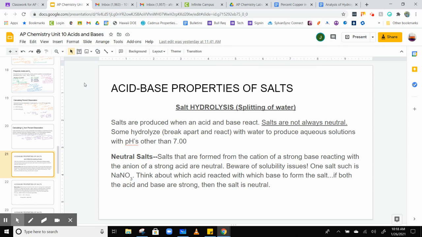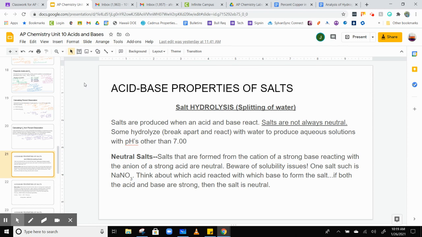So basically what's happening here is a salt is reacting with water to produce a solution that is now either acidic or basic. Okay. Not all salts are acidic or basic.